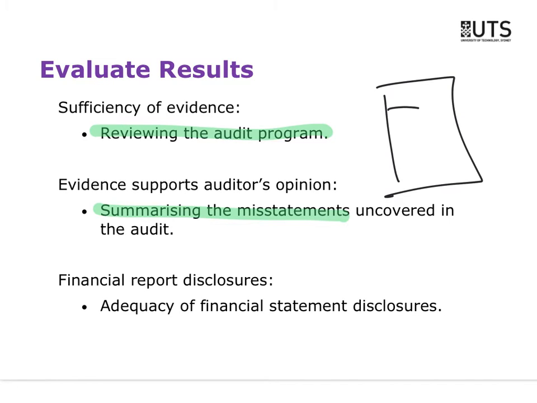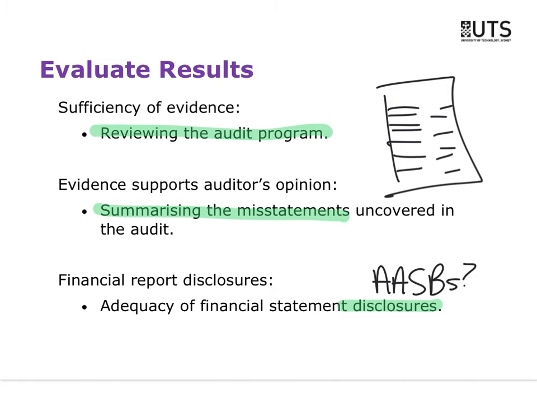You have a little schedule that says, here are all the misstatements. Here are all of the dollar amounts that we think we would like management to change. Okay? And we look at the disclosures. Is everything disclosed in accordance with my AASBs? Are they doing the right thing?